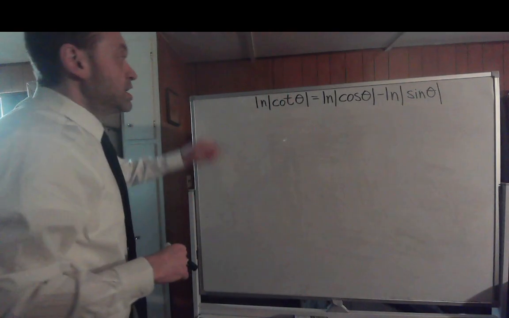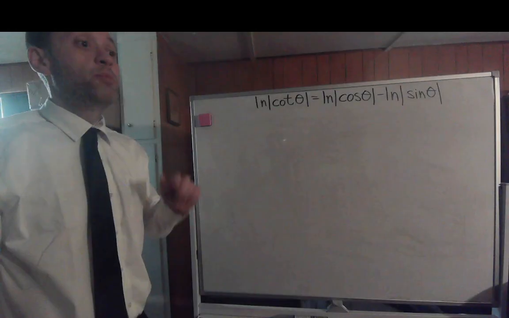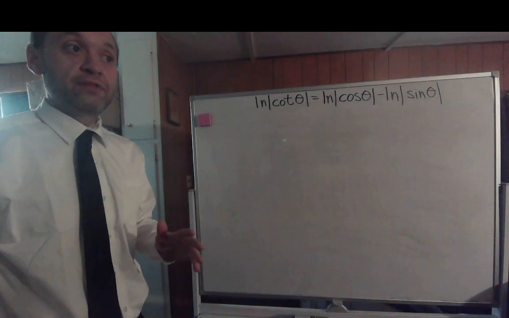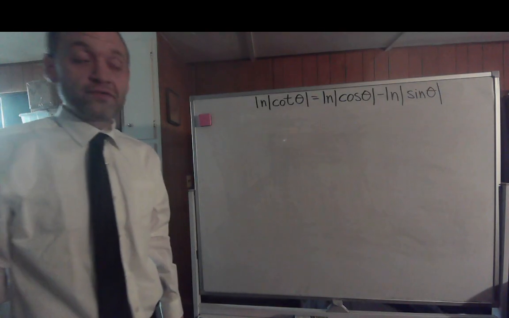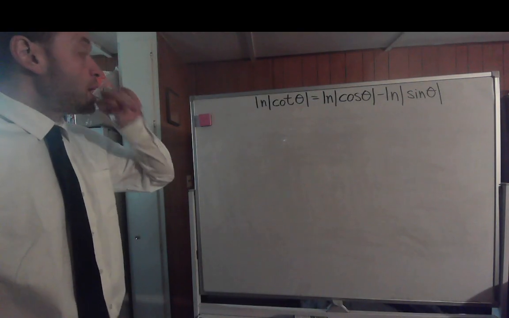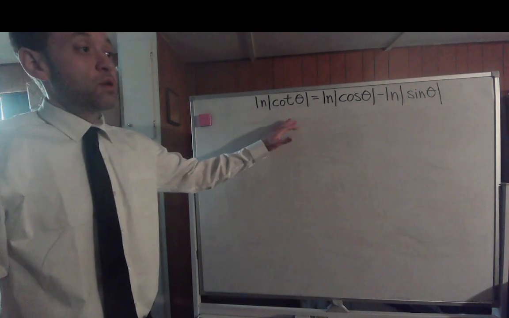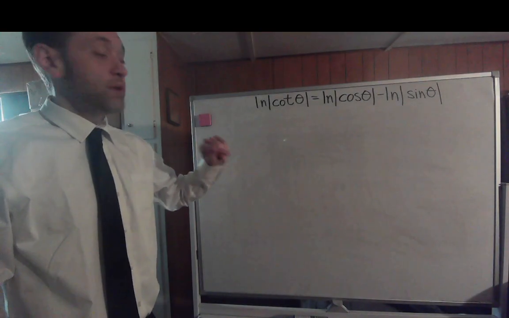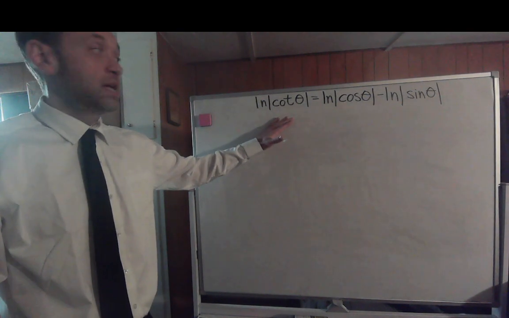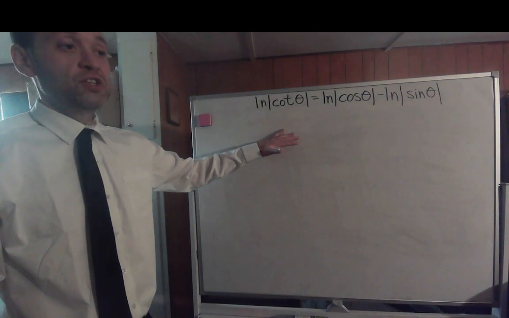Okay. So believe it or not, logarithmic trig expressions come up all the time in calculus, especially in Calc 2. That's where you're going to heavily deal with them. And of course in differential equations and beyond. But why do we have an absolute value sign on these? Well, for one, you have to make sure that you don't get a negative value for your logarithms, because logarithms aren't defined for a domain that's negative.